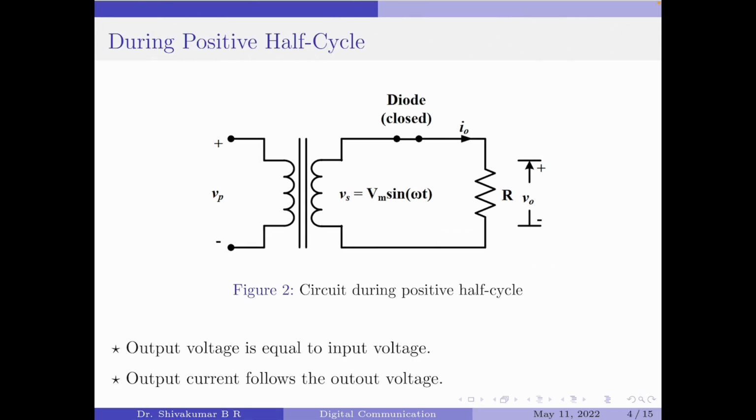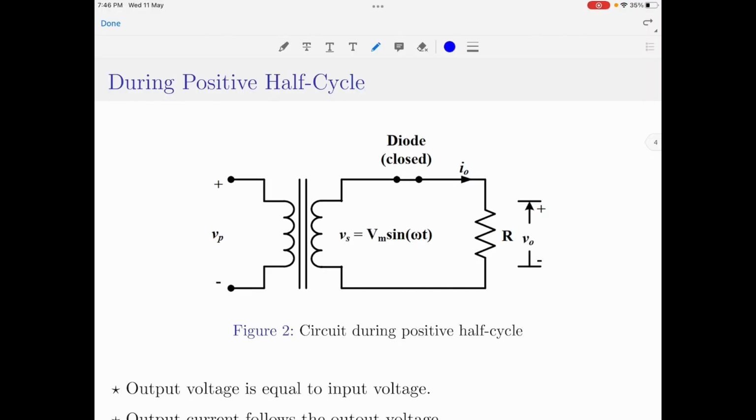In figure 2 here, I have shown the circuit equivalent during the positive half cycle of the input supply. In the positive half cycle of the input supply, the diode is forward biased because the anode of the diode is connected to the positive terminal of the secondary and the cathode is connected to the negative. Once it is closed, the current I0 starts to flow across the load in the direction that is shown here.